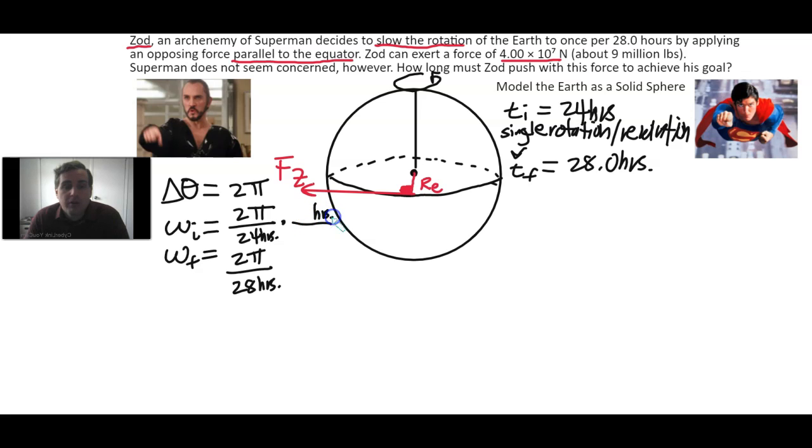So let's go hours on top. For every 1 hour, there's 3,600 seconds. Hopefully you know that conversion. For every 1 hour, there's 60 minutes. For every 1 minute, there's 60 seconds. So there's 3,600 seconds per 1 hour. So we should take 2 pi divided by 24 and then 3,600, and then 2 pi divided by 28, then 3,600.